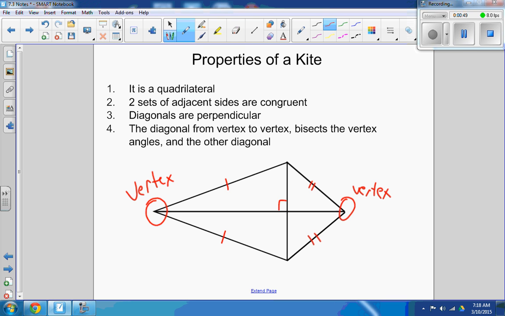The diagonal from the vertex to the vertex bisects the vertex angles. So these angles are congruent, these angles are congruent, and it bisects the other diagonal. So we have these sides are congruent. Now this angle and this angle are the non-vertex angles on a kite.